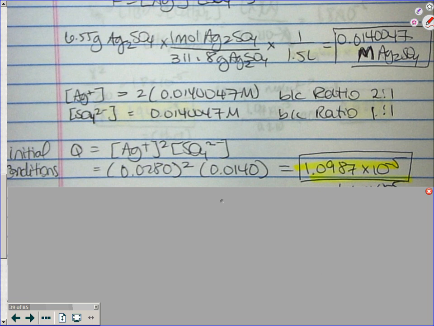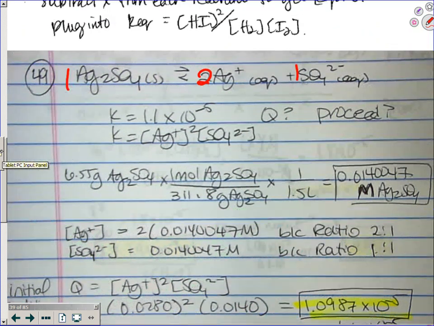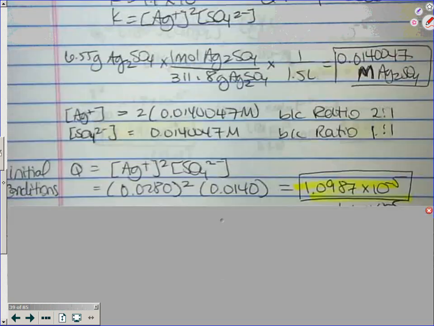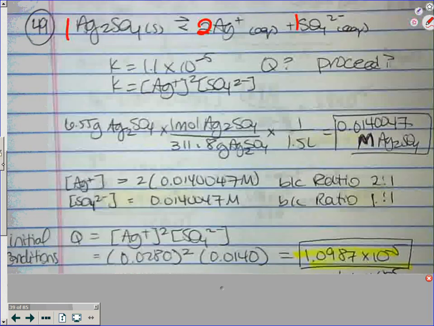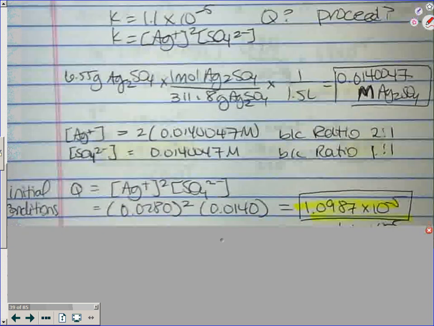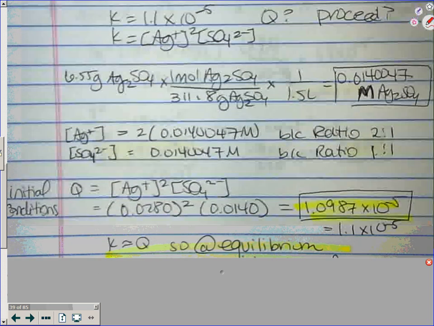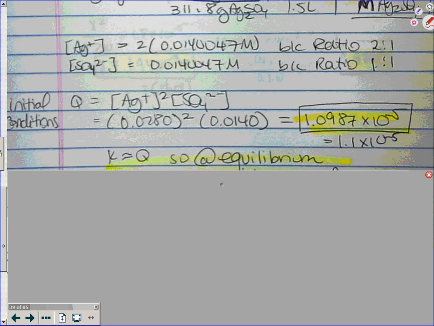Higher or lower? Here's your K value if you don't have it on your paper. Okay, so it's kind of weak, right? So it's approximately at equilibrium, right? Is it at equilibrium? Approximately, right.